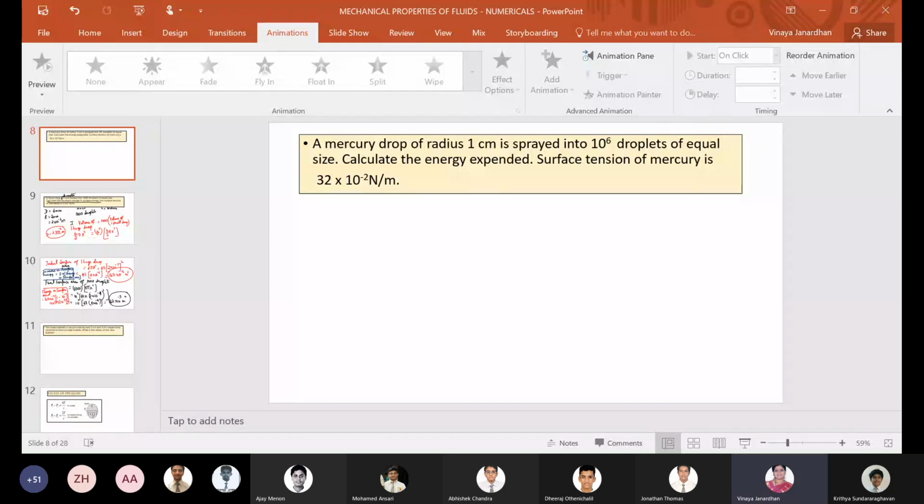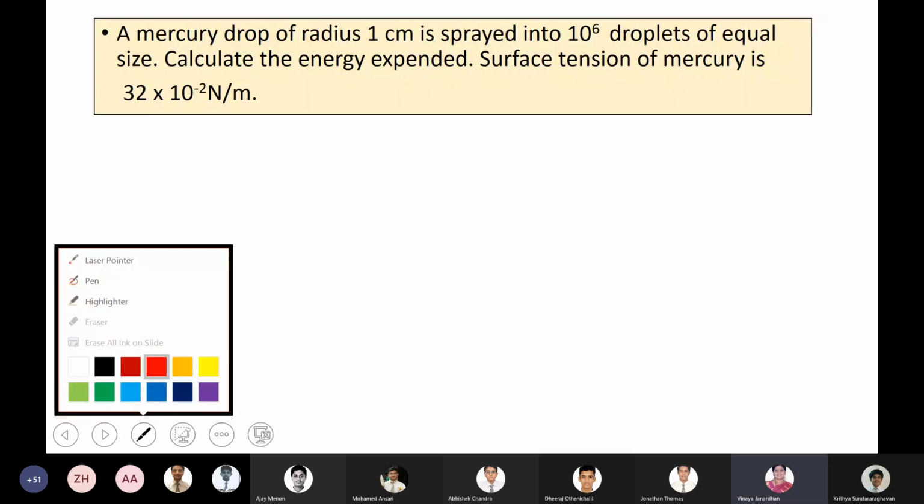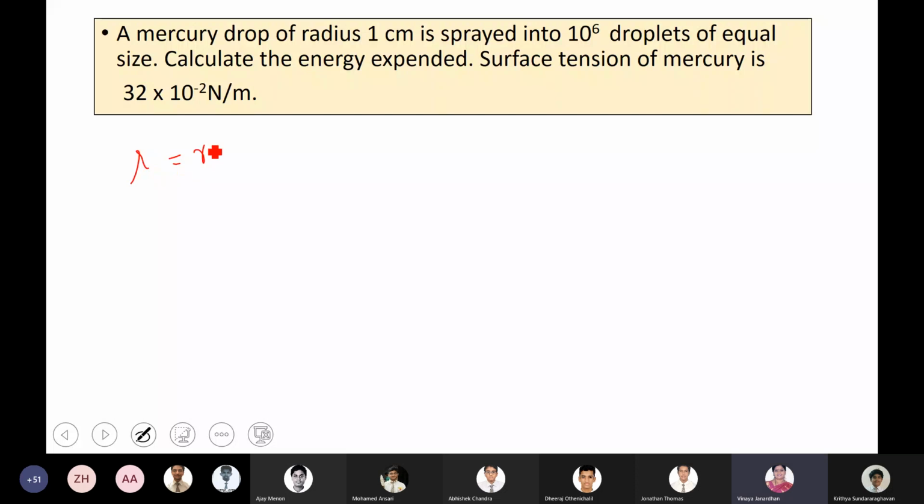First step, get me the radius of the smaller drop. The radius of the larger drop is 1 centimeter.